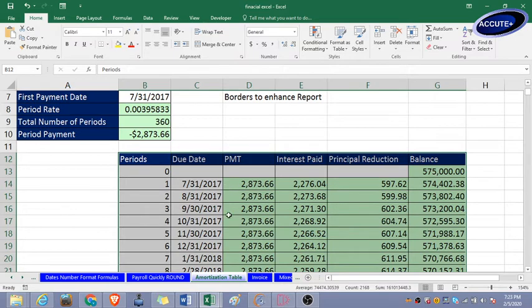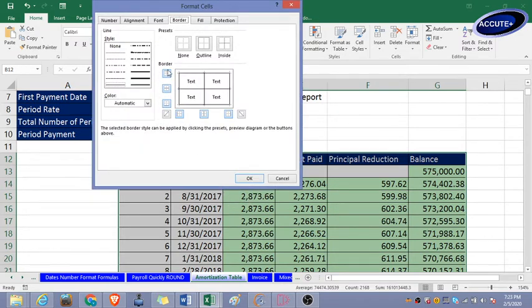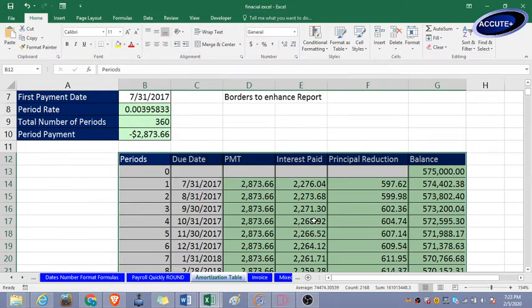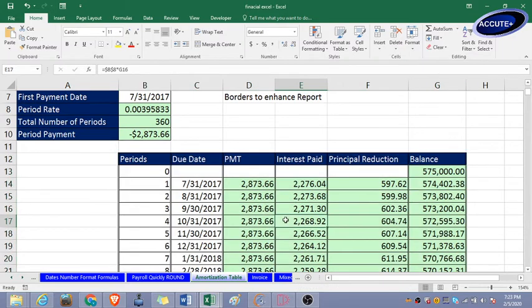To do that you can just say Control 1 back there, then make a selection of that one. Then you want this effect to be on the beginning, the middle, and there. Okay, if you say OK, you see that you have some thick borders. On the outline you still have some thick borders.